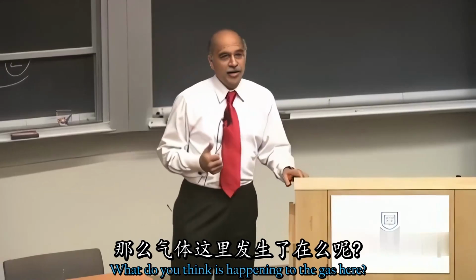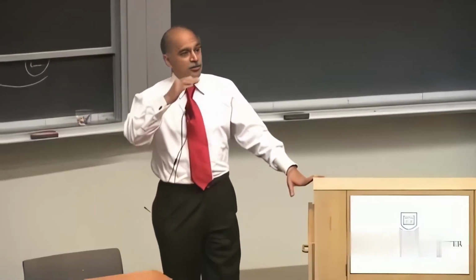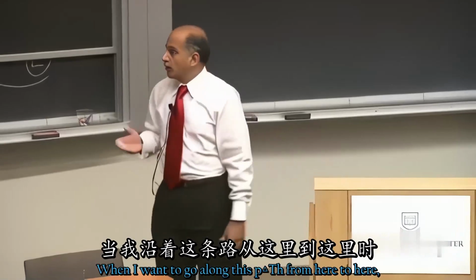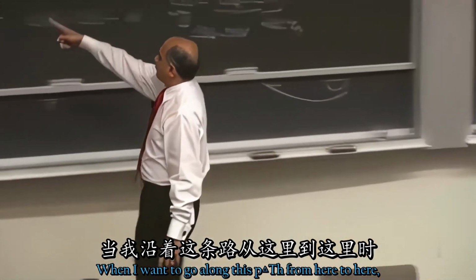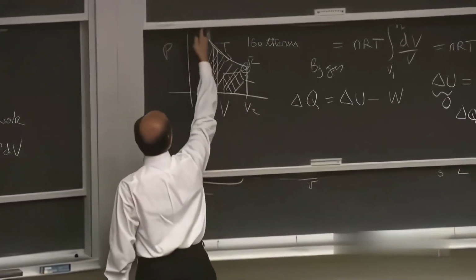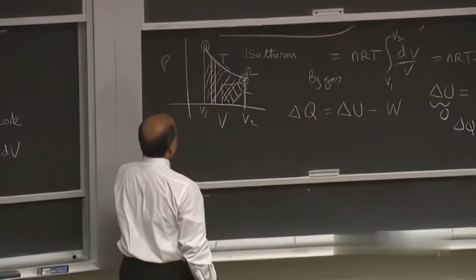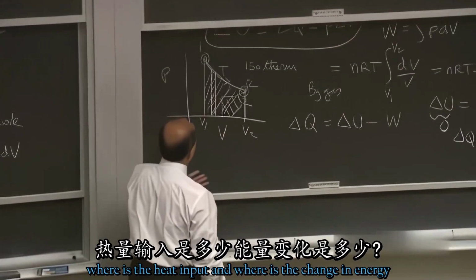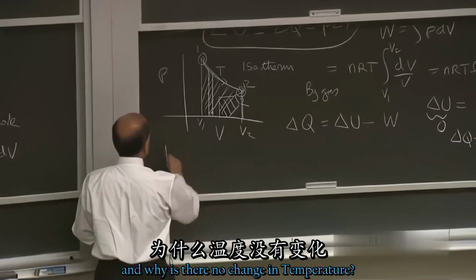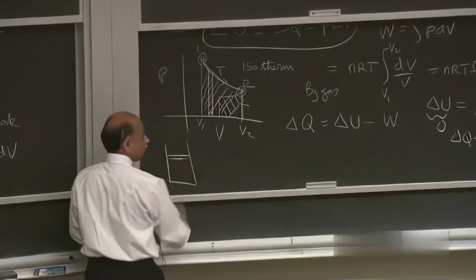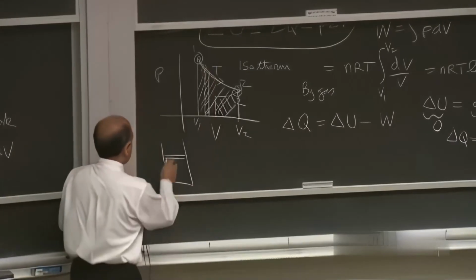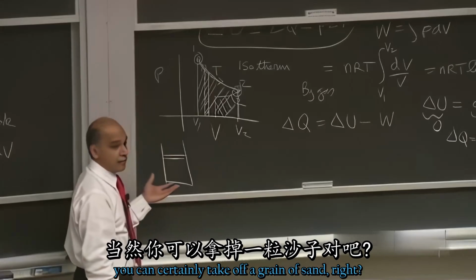What do you think is happening to the gas here? Think of the piston and weight combination. When I want to go along this path from here to here, you can ask yourself, where is the heat input and where is the change in energy, or why is there no change in temperature? If you take a piston like this, if you want to increase the volume, you can certainly take off a grain of sand, right?